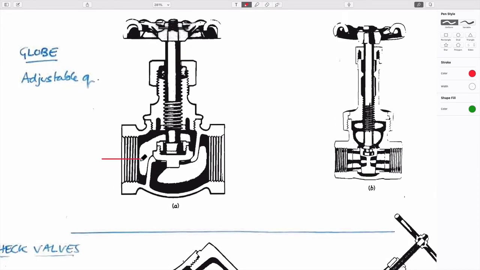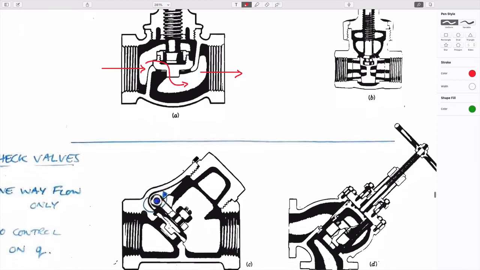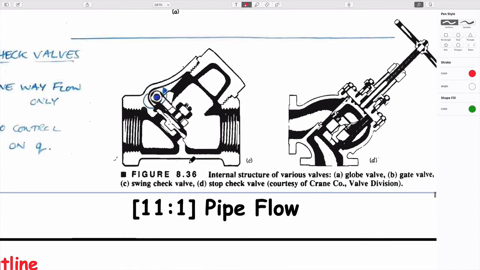The flow in is through here, the flow out is through here, but to get to that, it has to get through this opening here, which is raised by the action of screwing this connector up to allow flow to occur. And so if you go through this when it's open, it's quite a tortuous flow path, and therefore you get large energy losses within it.